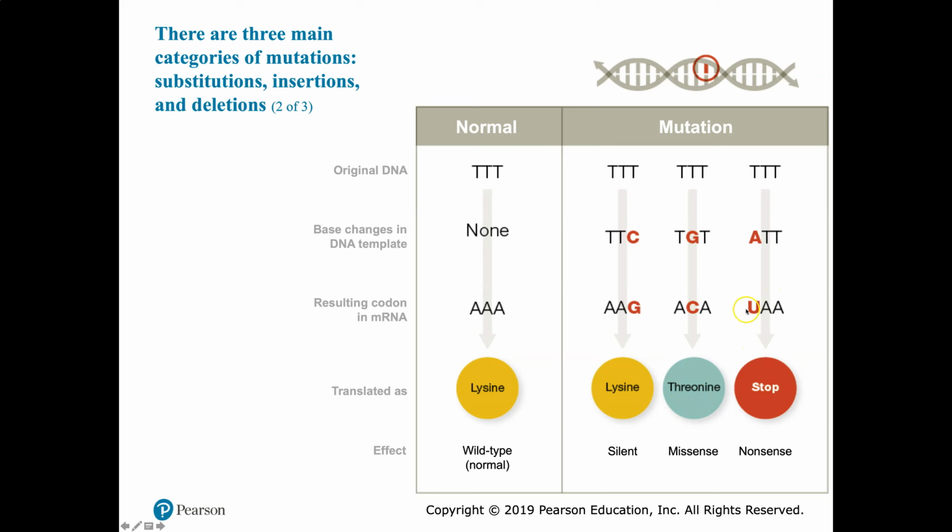And then lastly, if there is a substitution mutation that codes for a premature stop codon, it is called a nonsense mutation. Premature stop codon, nonsense mutation, and it has little to no functionality.